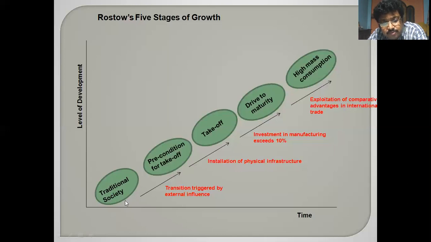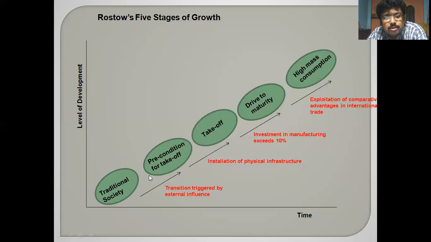Less than 5% investment is there. Also, trading is subject to great risks here. The transport for goods and raw materials is expensive. These are the key characteristics of the traditional society.